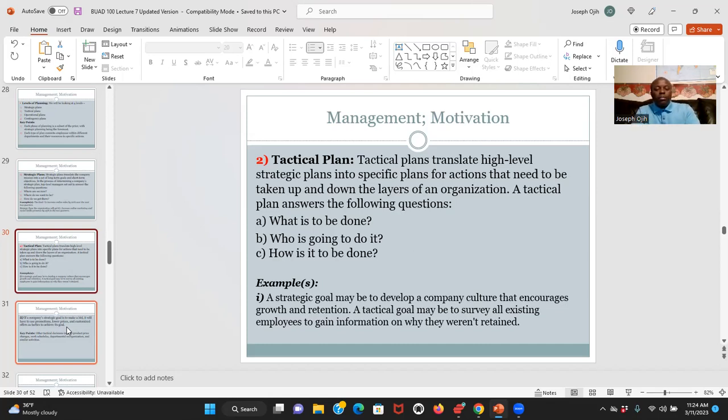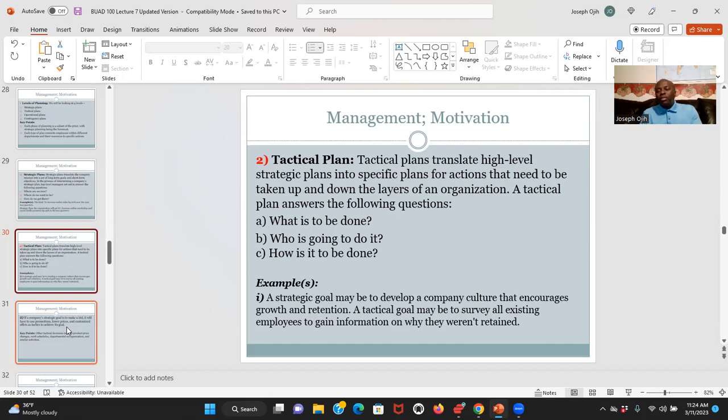A strategic plan or a strategic goal might be to develop a company culture that encourages growth and retention. Maybe the company is having an issue with retaining employees. So they want to develop a culture that encourages growth and retention. So this strategic goal is to develop a company culture that encourages growth of the employees, professional growth, of course, and retention.